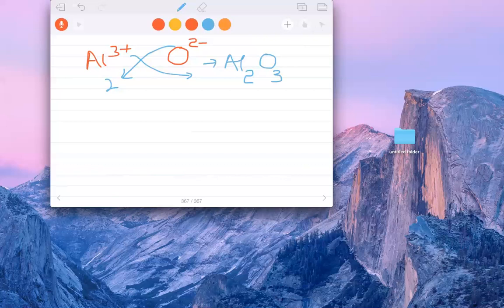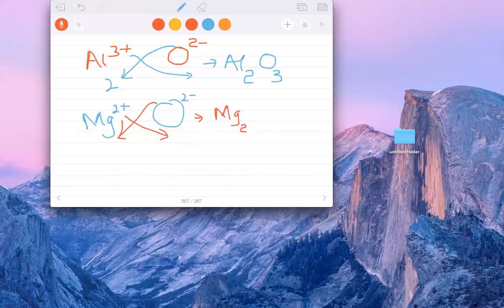A point to note is, if you can simplify further, you must do that. What do I mean by simplifying? Suppose we have, for example, magnesium, which is +2, and oxygen, which is -2. The crossover rule tells us that 2 will come down there and 2 will come down there. Do not leave it in this form.